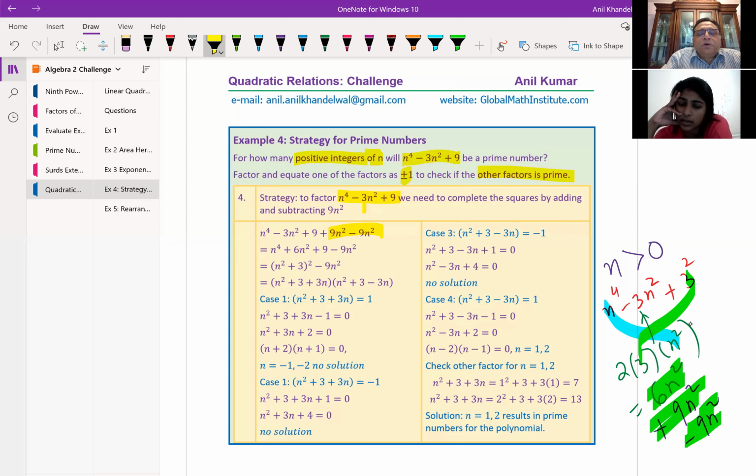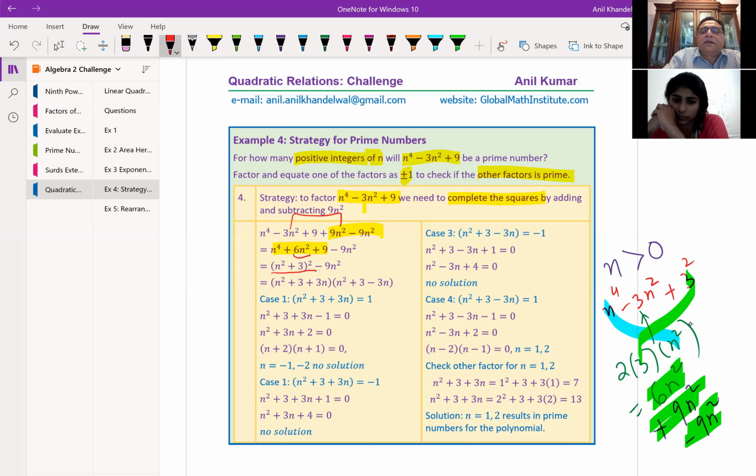So we have n to the power of 4 minus 3n squared plus 9 as our expression. We added 9n squared and subtracted 9n squared to complete the square. That is the whole idea. Now if I rearrange, the combination of minus 3n squared and 9n squared gives you 6n squared, and it becomes a perfect square.